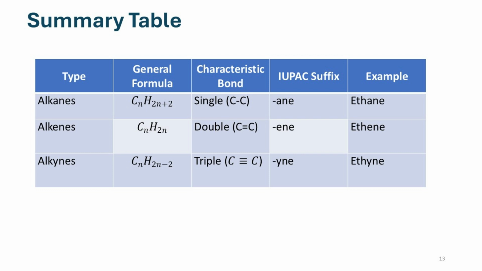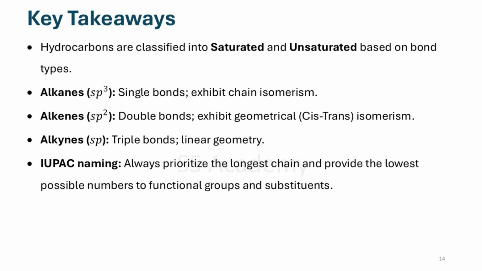Let's wrap up with a quick summary. Alkanes are single bonded paraffins, alkenes are double bonded olefins, and alkynes are triple bonded. Each has its own formula, suffix and geometry. So this table is your cheat sheet for the entire chapter.